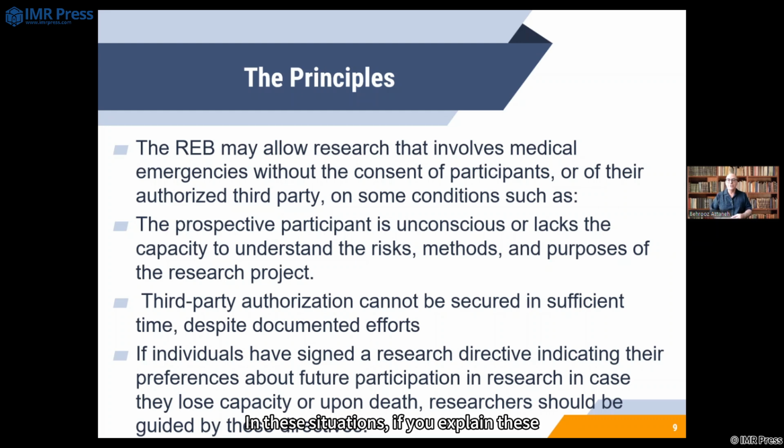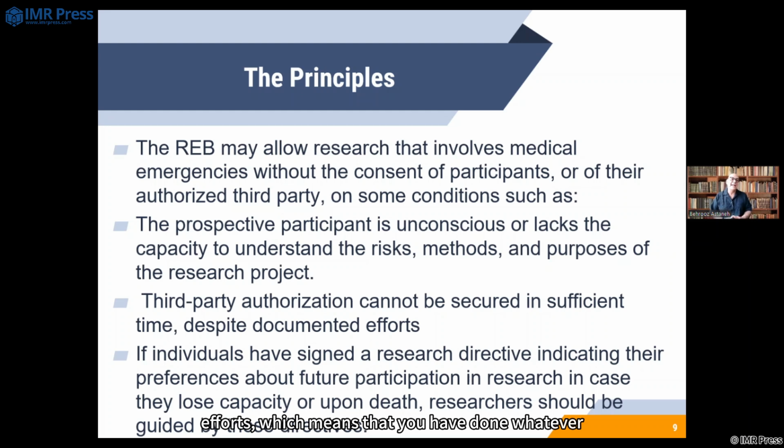In these situations, if you explain them to the REB, they may consider your case and give you approval to perform a study without informed consent if the prospective participant is unconscious or lacks the capacity to understand the risks, method, and purposes of the research, and next of kin or third-party authorization cannot be secured in sufficient time despite documented efforts.